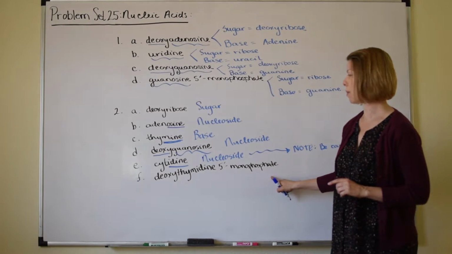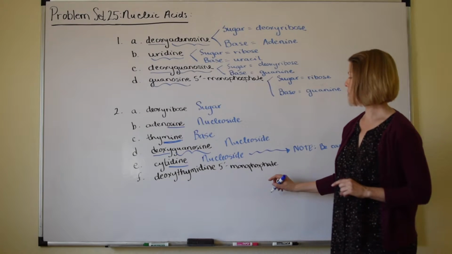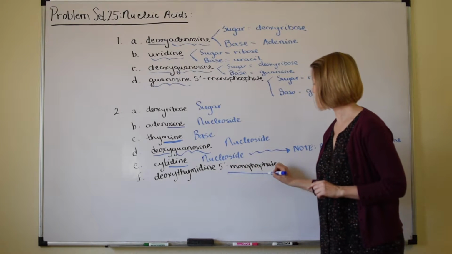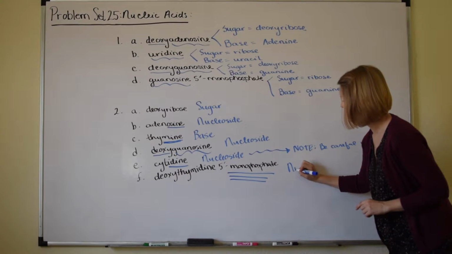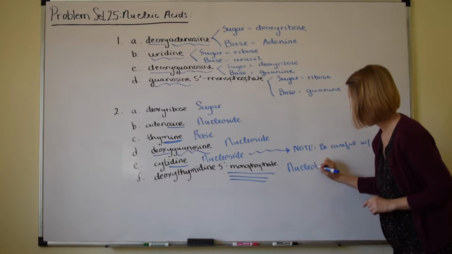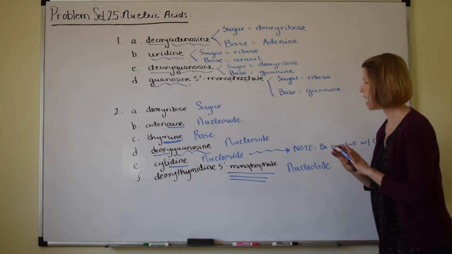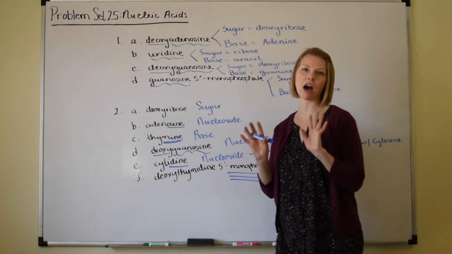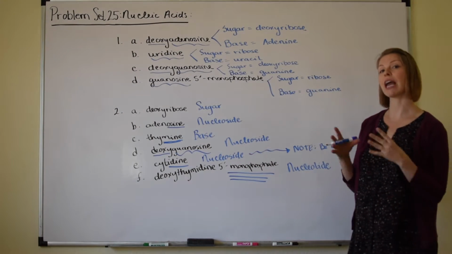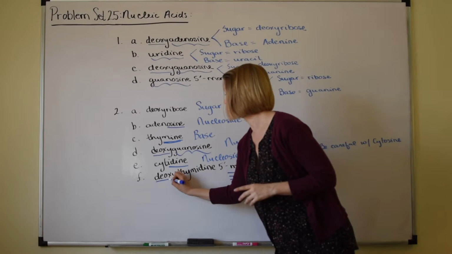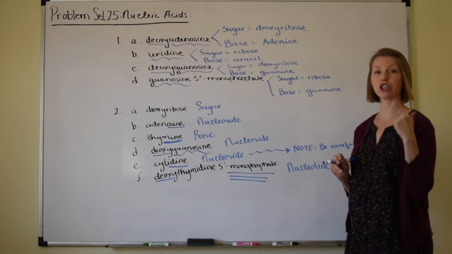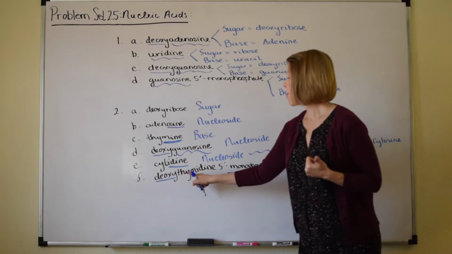Deoxythymidine 5' monophosphate. So the monophosphate probably gives away that this is a nucleotide pretty easily. But just to break it down and make sure that we understand what this nucleotide looks like, notice the deoxy prefix, so this has a sugar, deoxyribose.